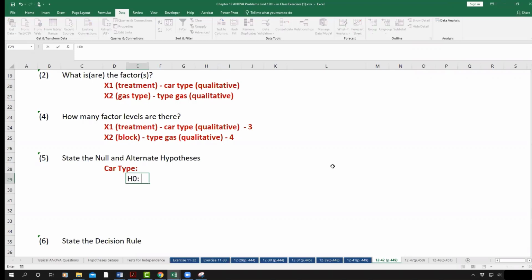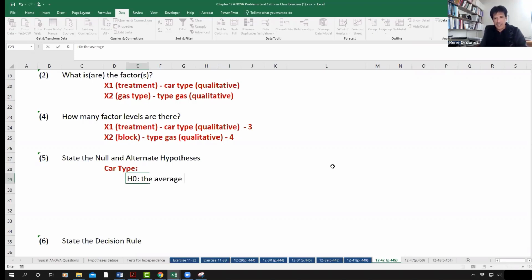Is it going to be H0: mu1 equals mu2 equals mu3, I believe. All right, good. So we can just write this out in textual form. Say the average gas mileage of the 3 cars is the same, right?